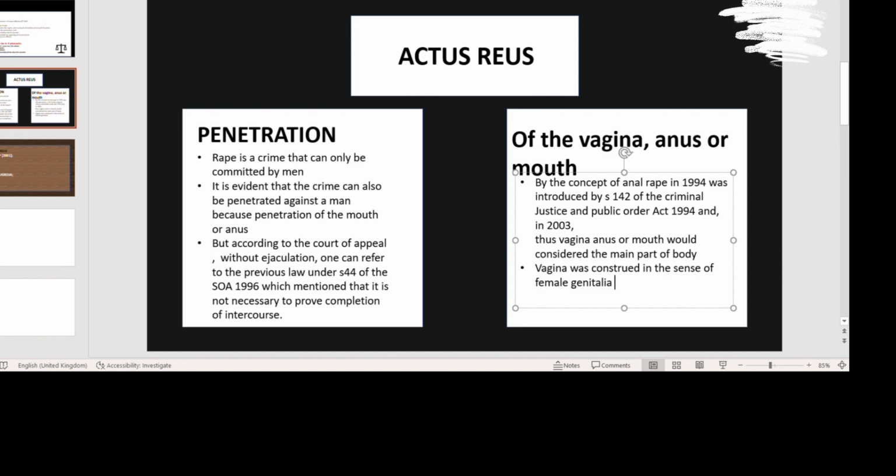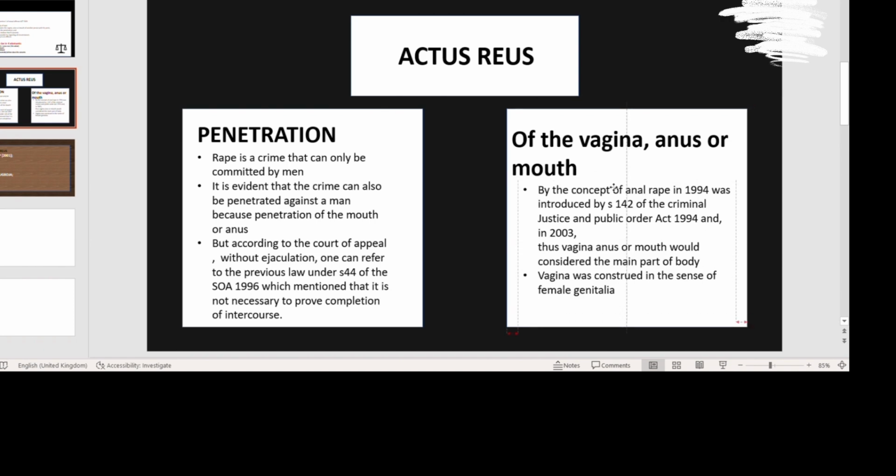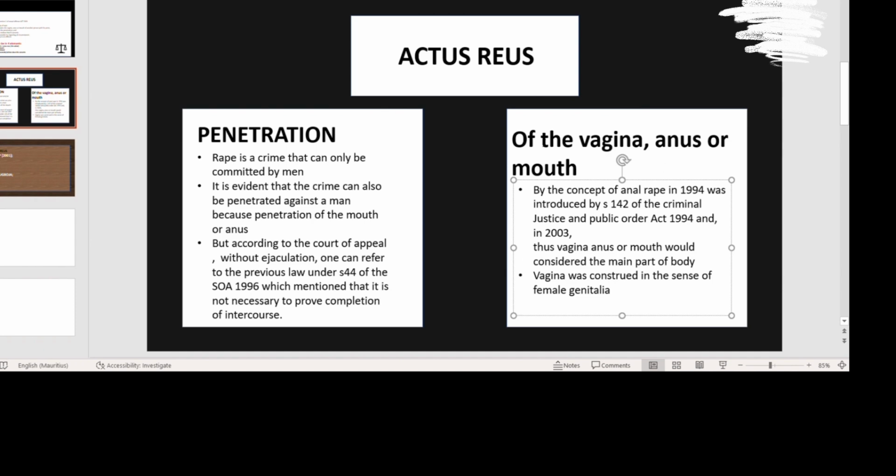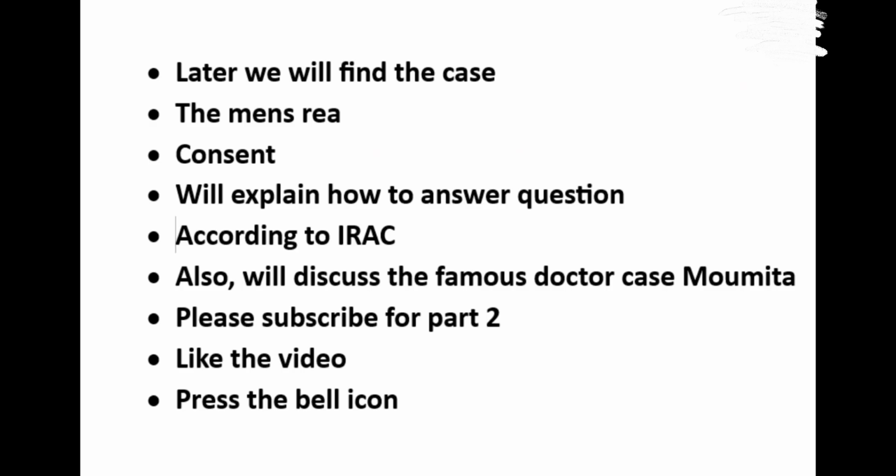I will talk about this later, from a famous case. For now I'm explaining the penetration, the actus reus, the elements. Later we will find the cases and the other parts.